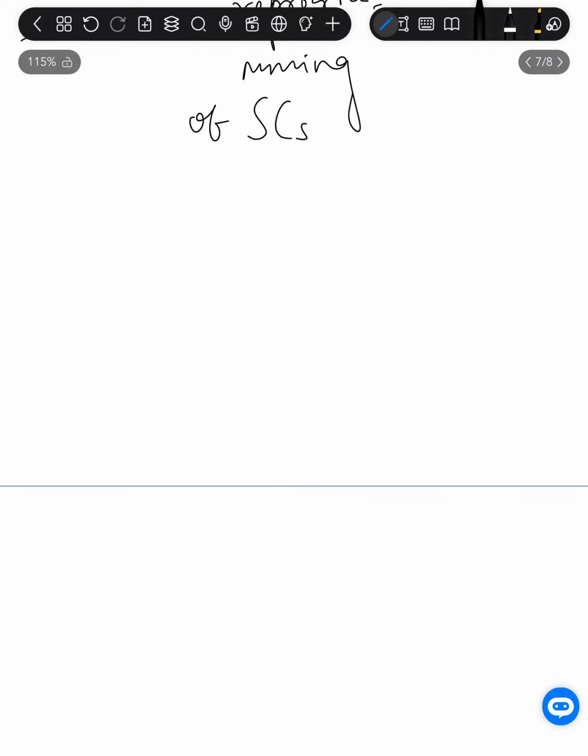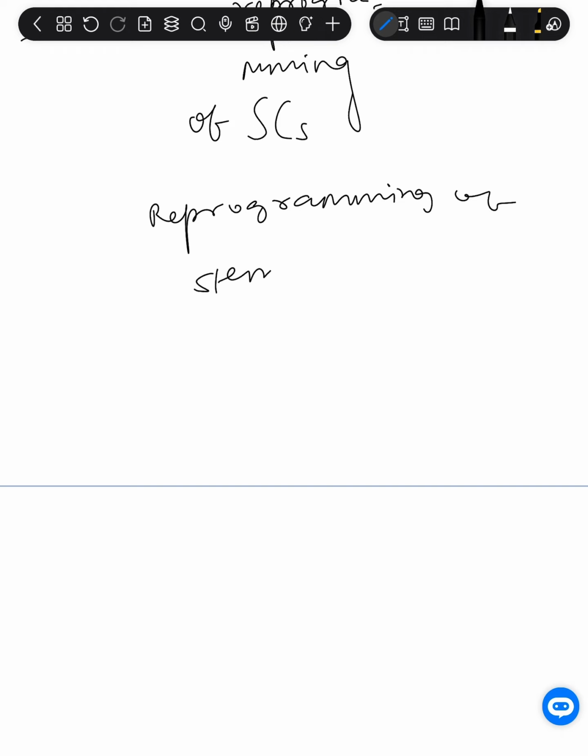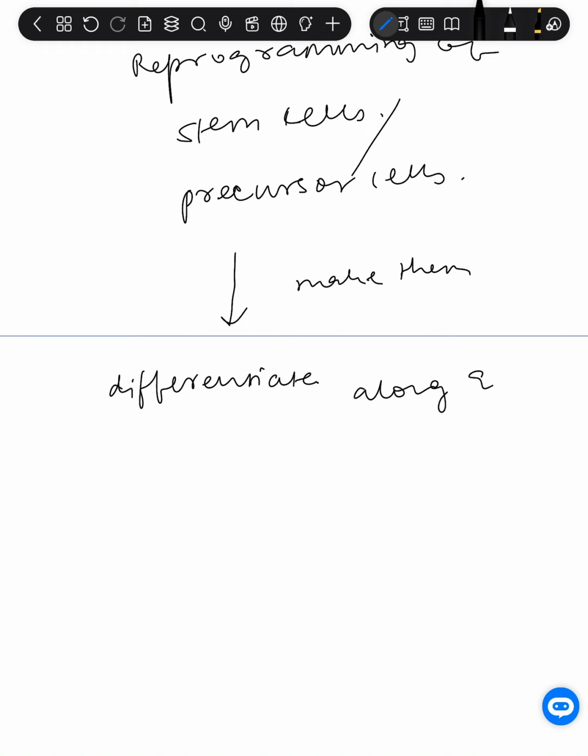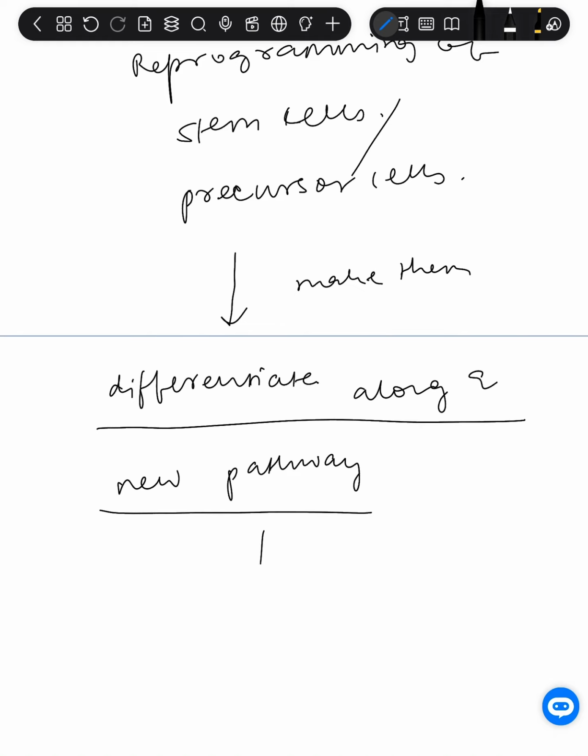So Robbins says there is some reprogramming of stem cells, or precursor cells, which will make them differentiate along a new pathway.